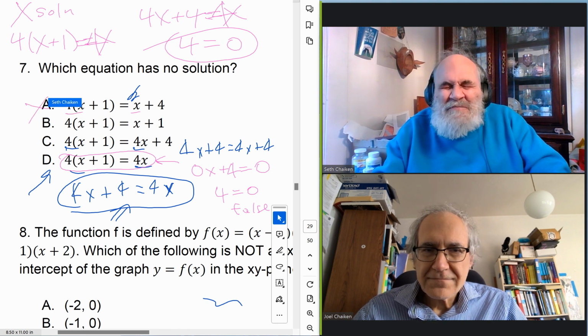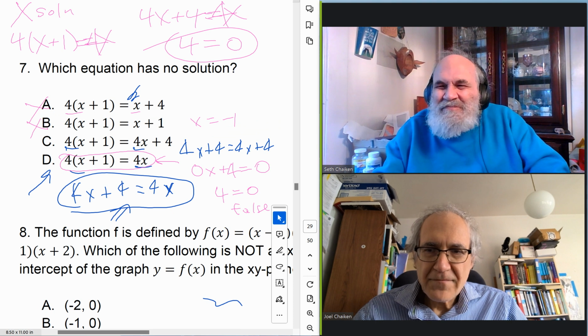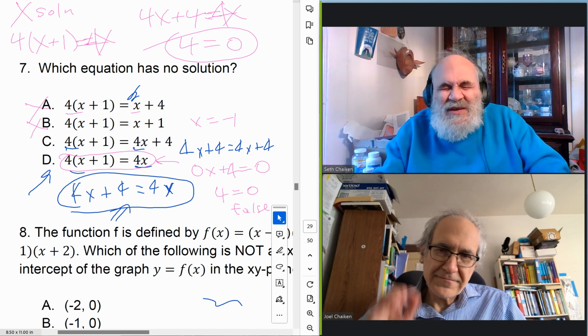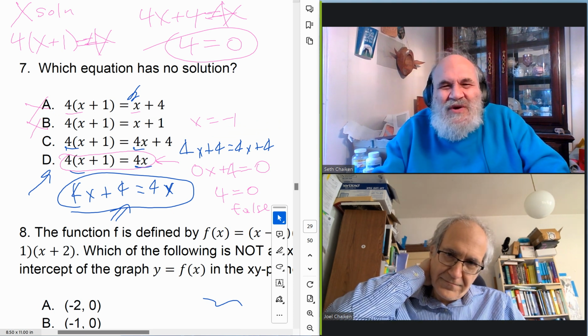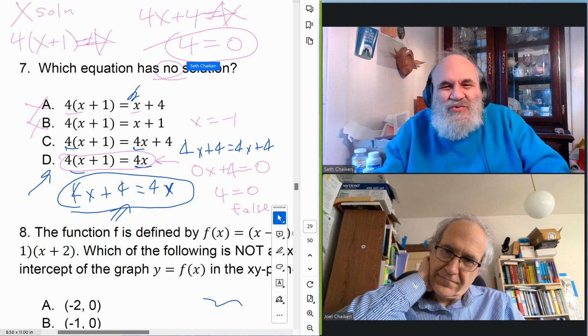This one obviously has a solution, x equals minus 1. 4 times 0 equals 0, so that has a solution. This one also has a solution, but every value of x is a solution. So this has all x's as solutions, but the question is which has no solution.